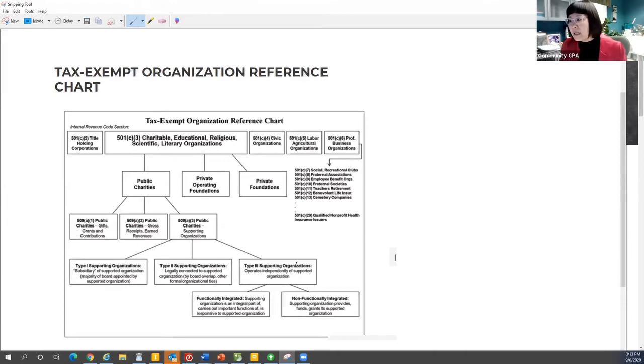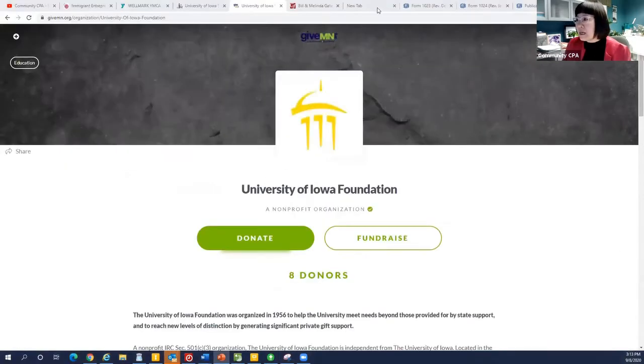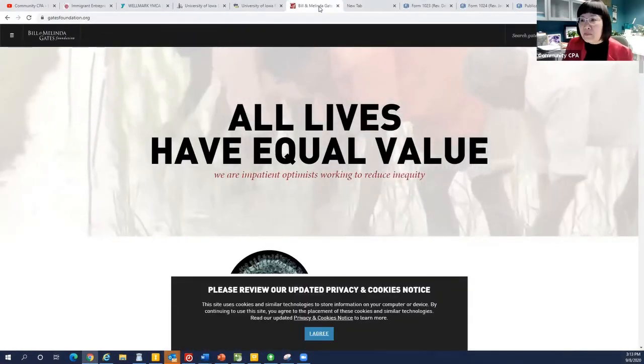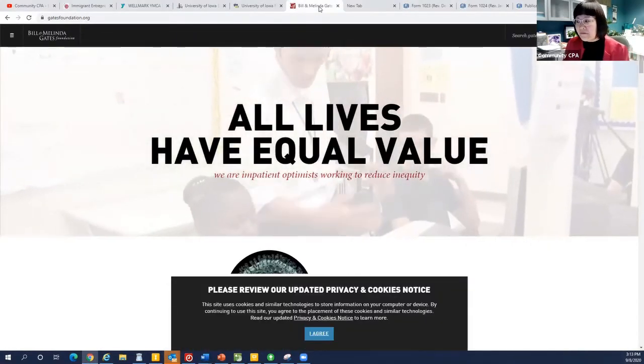Okay, and then you also have other types of entities. For example, there is a private foundation coming in right here under 501(c)(3). One I immediately thought of is the Gates Foundation, the Bill and Melinda Gates Foundation.